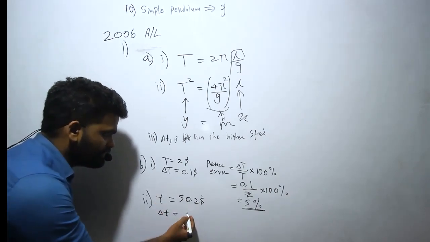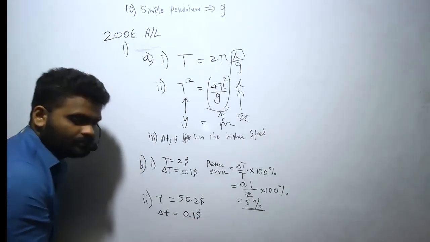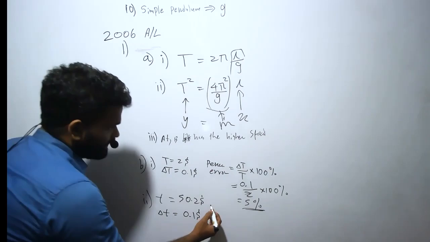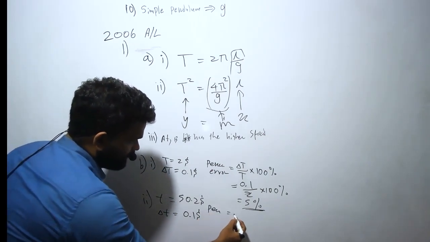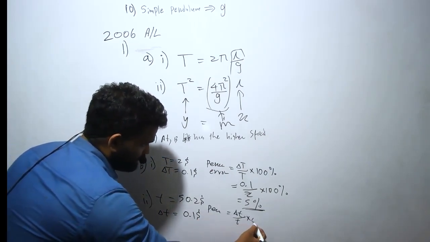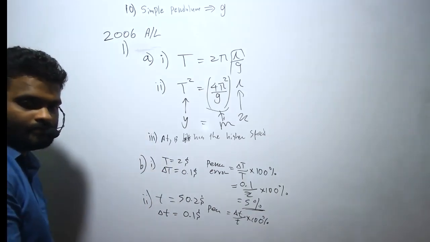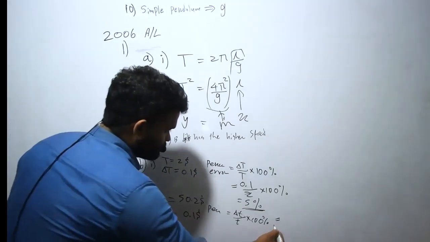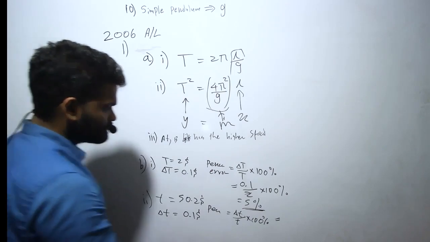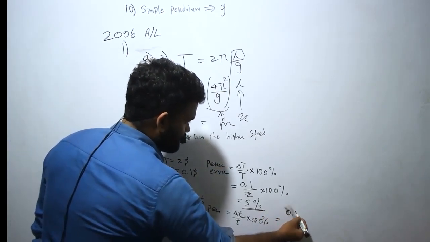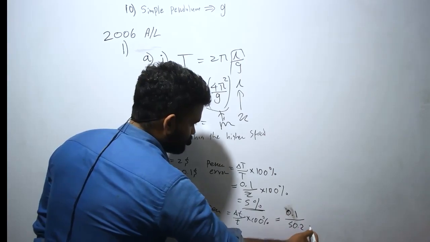So the least count is 0.1 seconds. Then again, you have to calculate percentage error. Delta t divided by t times 100%: 0.1 divided by 50.2 times 100%.